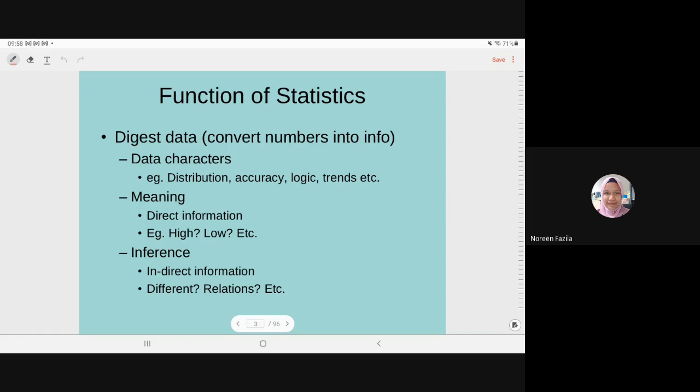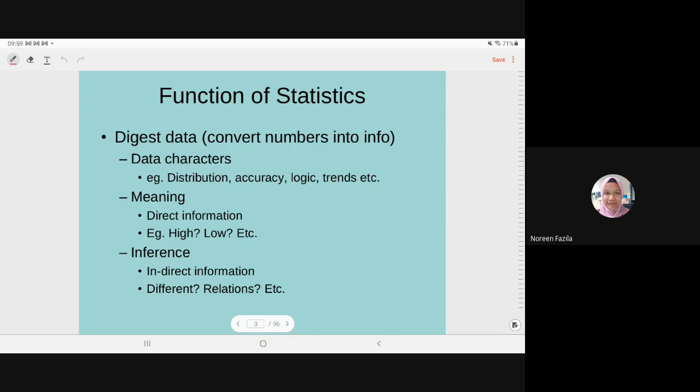Examples are data characteristics like the distribution, the accuracy, logic, trends, etc. All of those are information that we get from digesting data. And then we also get the meaning of it. The meaning is the direct information, whether it is high or low, a maximum, a minimum, etc. And then also the inference.